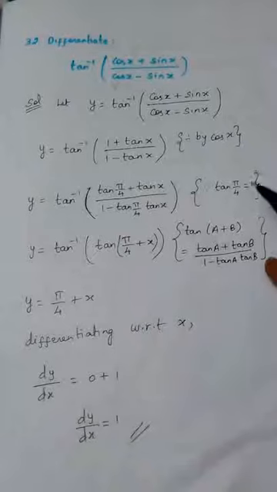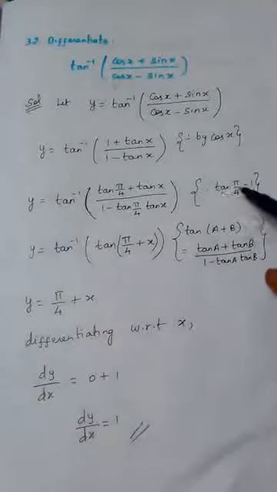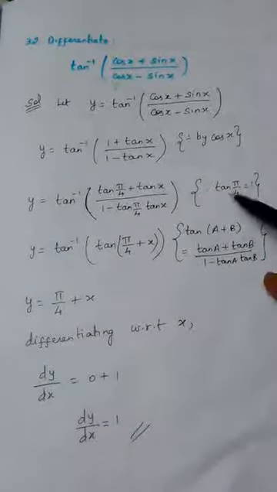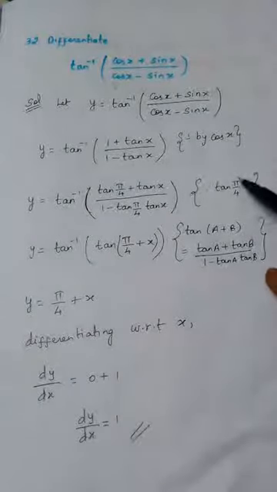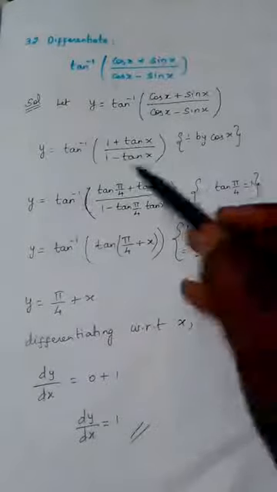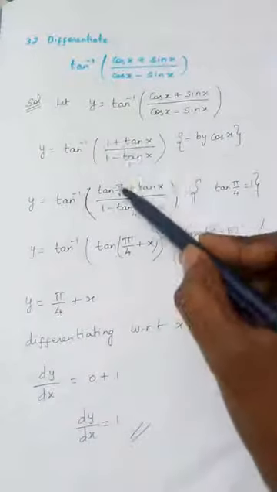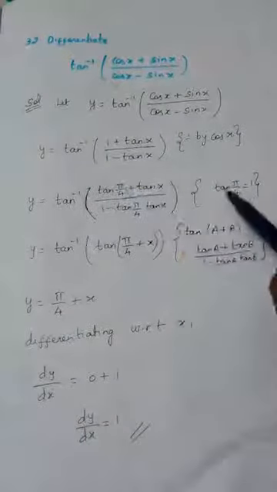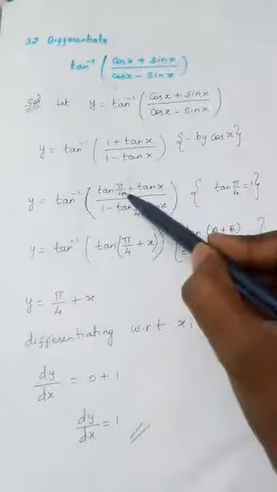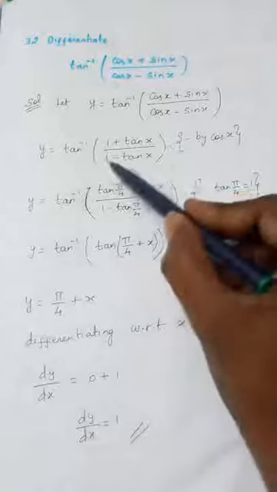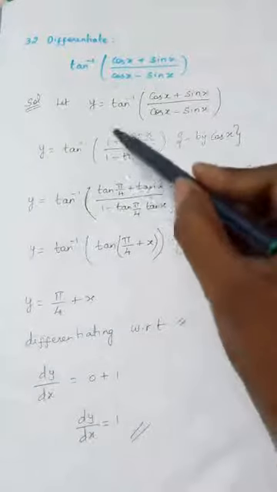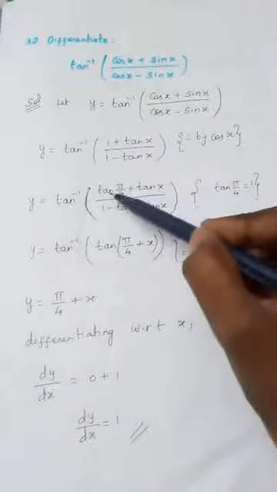Right? And also we know tan 45 degree equal to 1. 45 degree is written as pi by 4. So tan pi by 4, answer is 1. So in place of 1, I am putting tan pi by 4. In place of 1, we are using tan pi by 4 plus tan x divided by 1 minus. Now if you see, for this one we have put tan pi by 4.